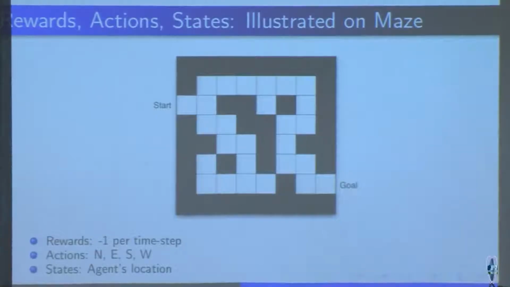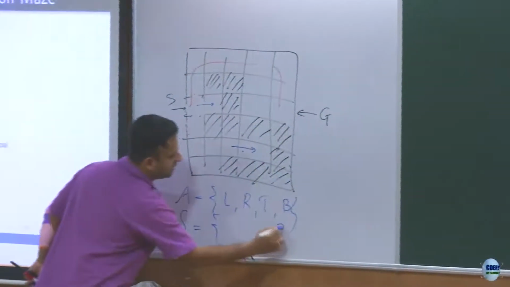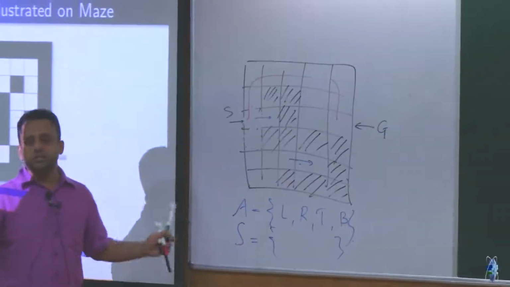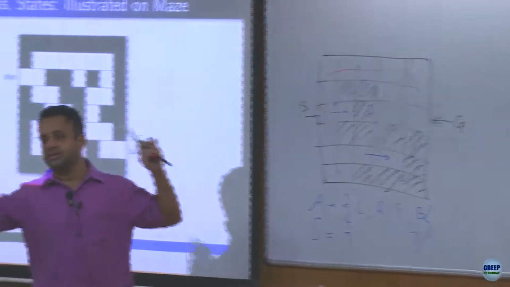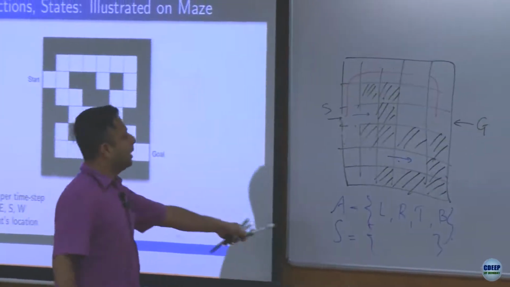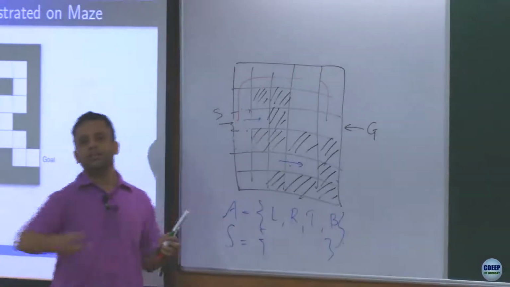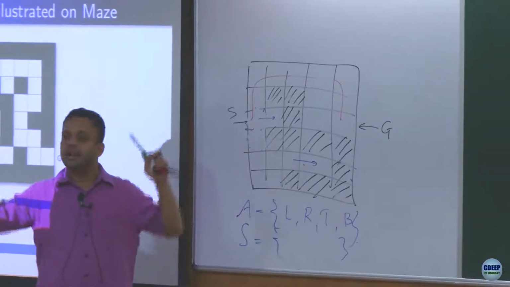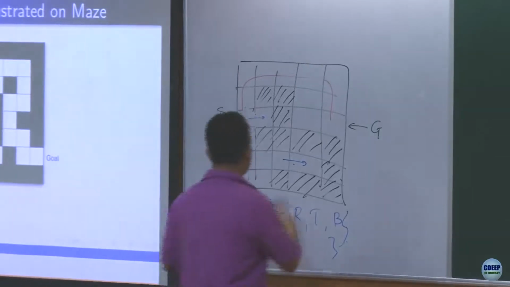So here's the maze example, but now let's try and understand all the jargon we have developed, how it maps here. We talked of actions, we talked of states. Now states, as I said, you could think of the knowledge state, my knowledge of the maze, the agent's knowledge of the maze, enumerating all the possible states of that knowledge in a discretized manner. There are also rewards.